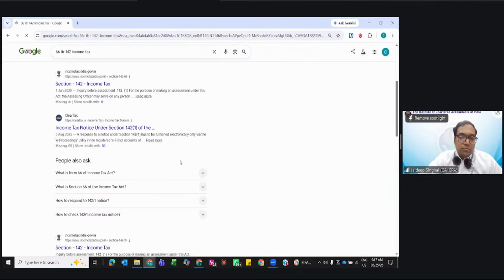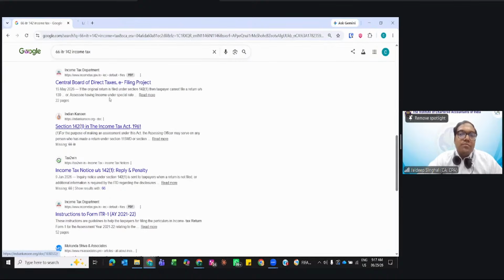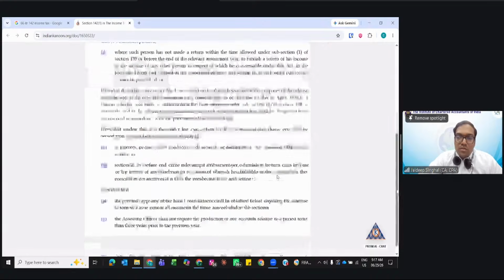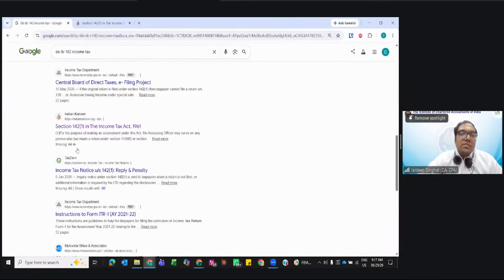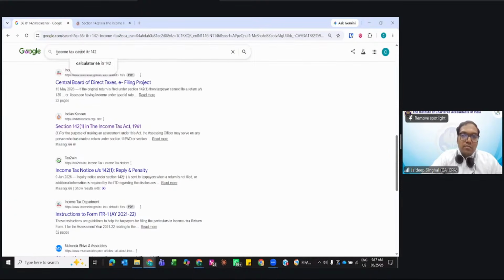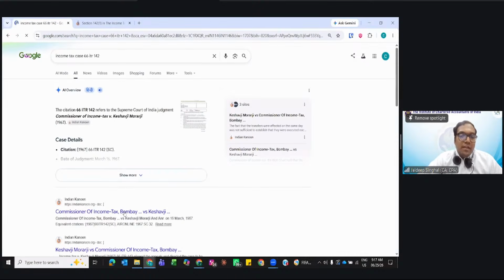Hmm, it is not directly coming. Ideally, it should come. Let me write it: income tax case 66 ITR 142. Can you see it here? Commissioner of Income Tax, Bombay versus Keshavji Morarji.